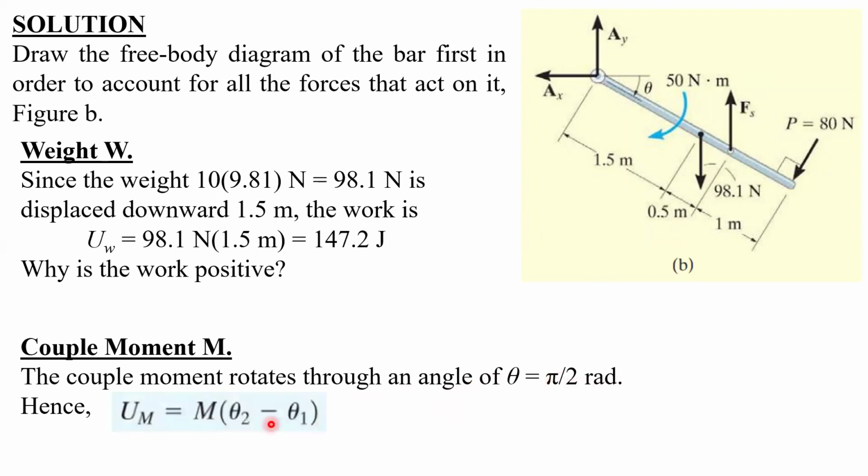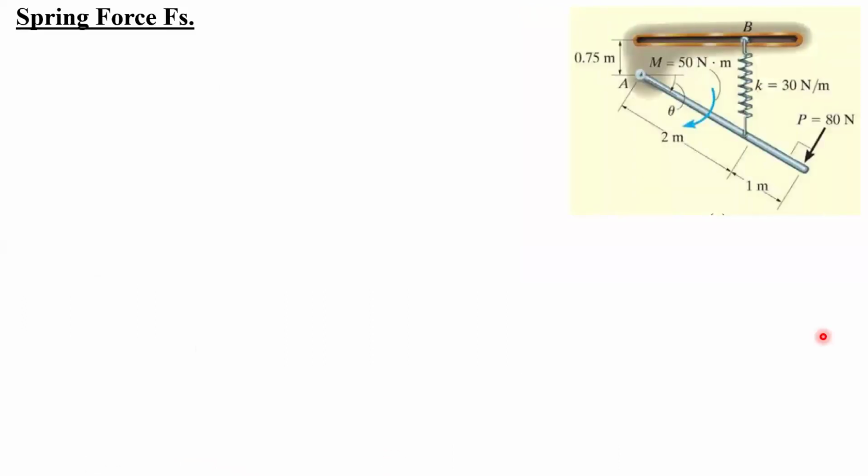Hence, from our formulation, the work is M times theta 2 minus theta 1. Theta 1, which is the initial position, is equal to 0. So the work done by the moment is M theta 2, which is 50 times pi over 2, which is 78.5 joules.